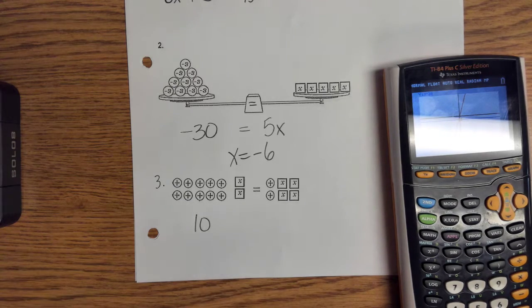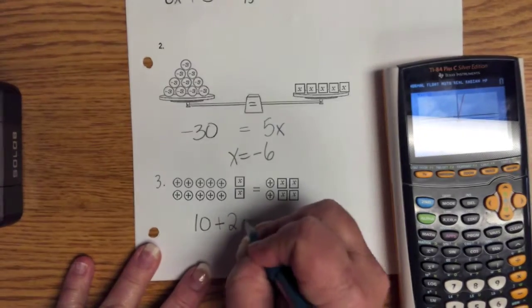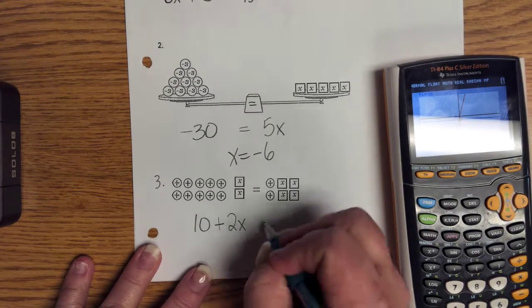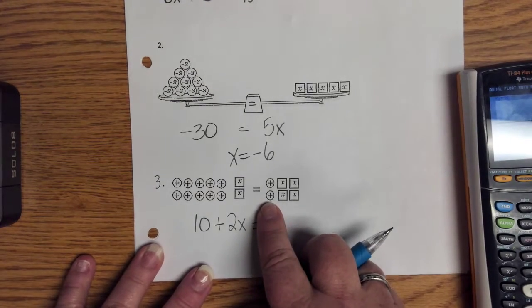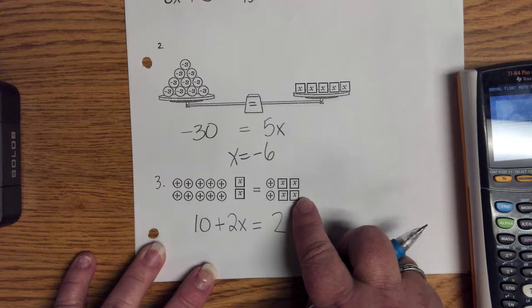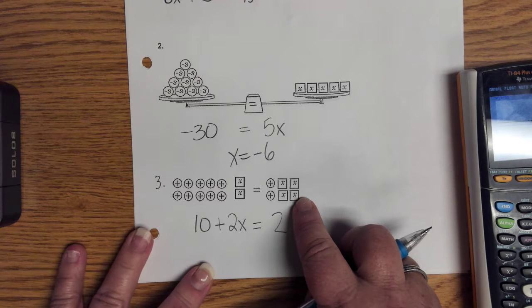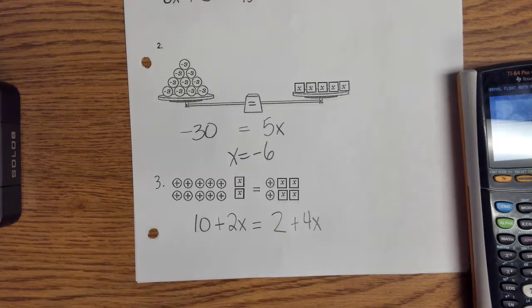Do you see a negative sign? Positive 2x is equal to, how many pluses do we have? 2. How many x's now? 4. Positive. They would have a negative sign if they were negative. So plus 4x.